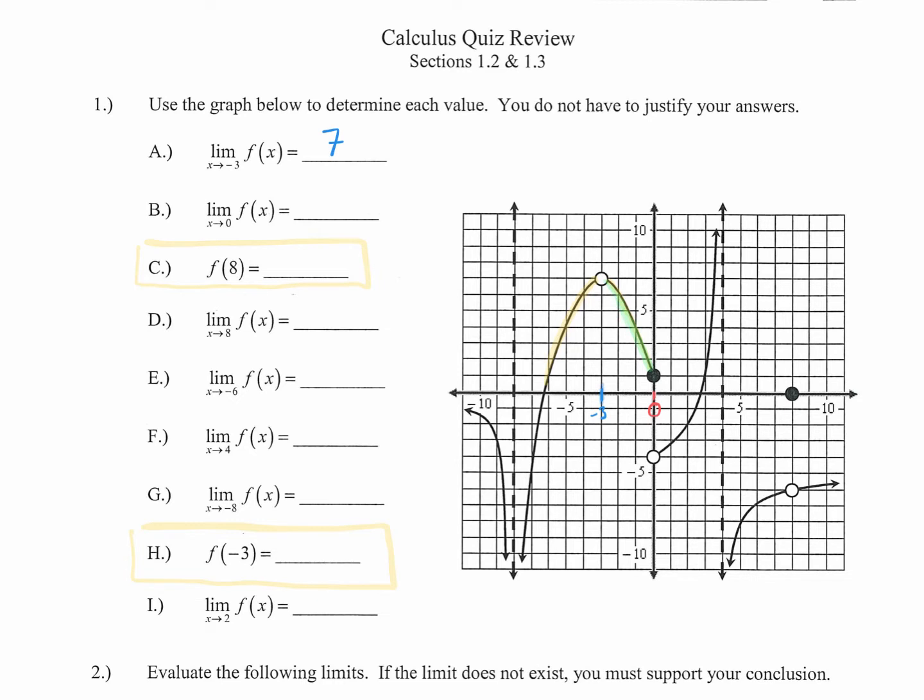So coming in from the left of x equals 0, notice that y is approaching 1. And coming in from the right, notice that the y values are approaching -4. So in this particular case, we're going to say that the limit does not exist, because we're approaching two different y values.